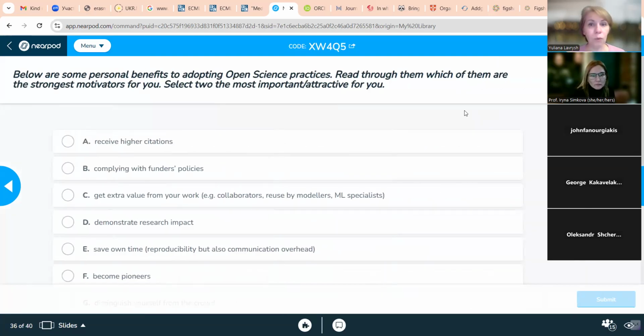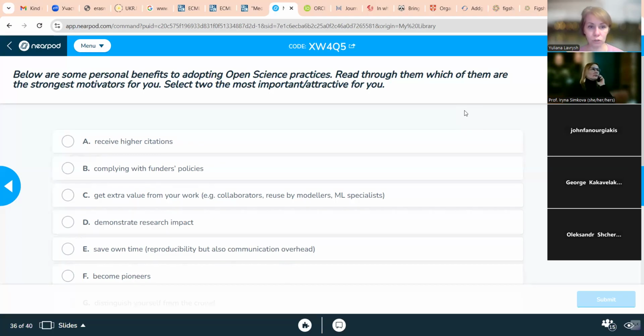Okay. So now, just like a summary for you and kind of reflection. So here are personal benefits to adopting open science practices. What I want you to do, you just read through them and choose which of them are the strongest motivators. You just choose two, the most important or attractive for you.